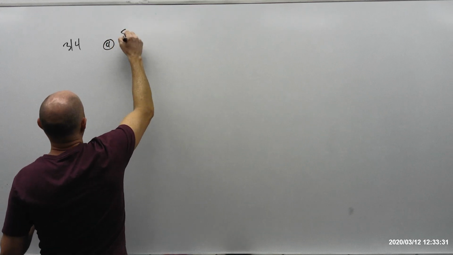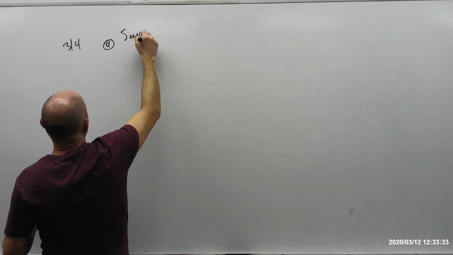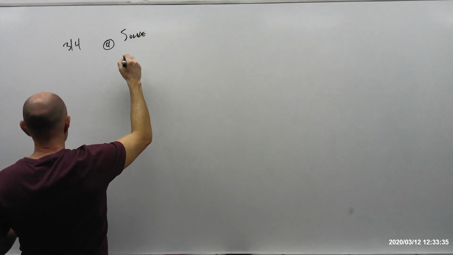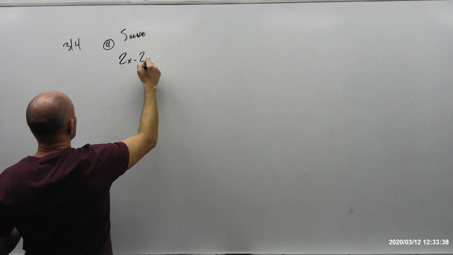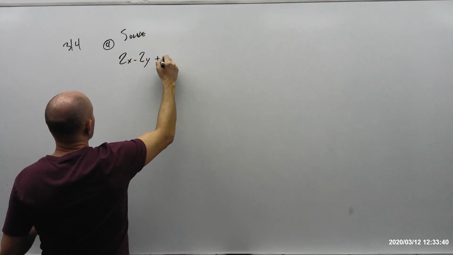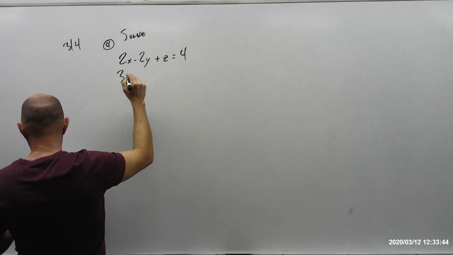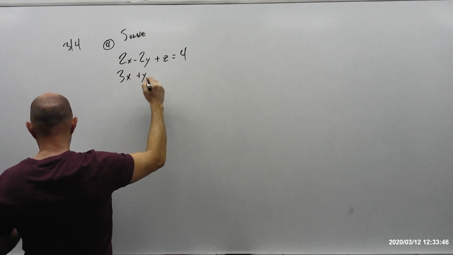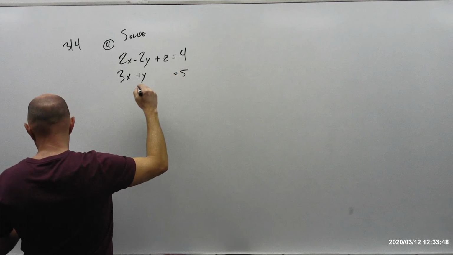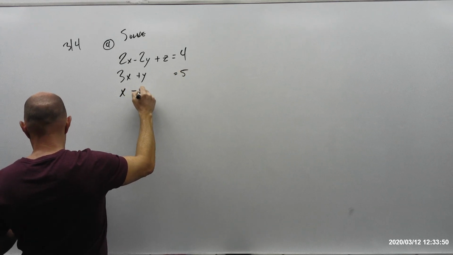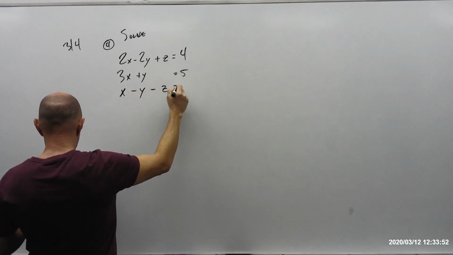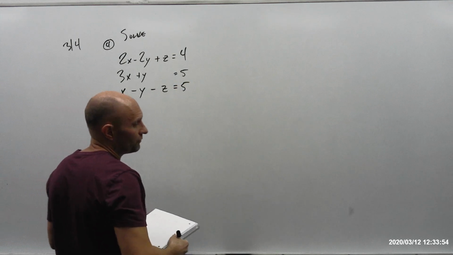So you want to solve: we have 2x minus 2y plus z is equal to 4. 3x plus y equals 5. And x minus y minus z is also equal to 5.